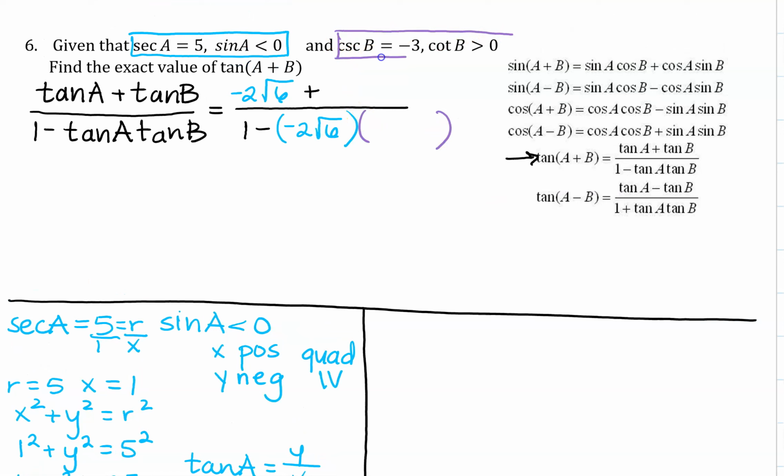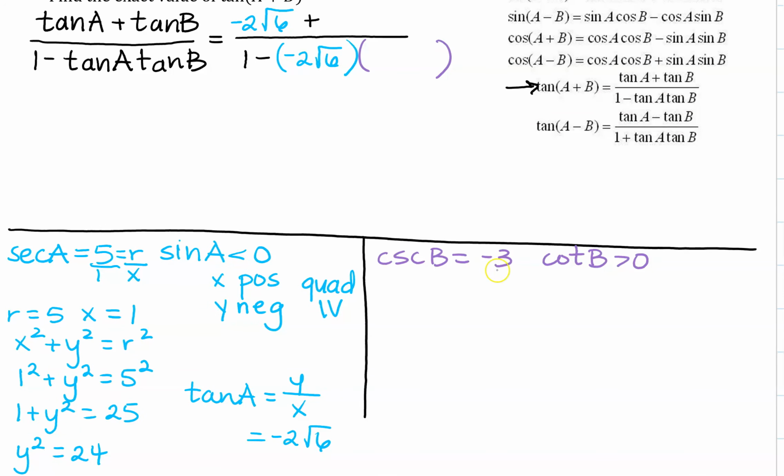which we will do by using another XYR problem on the information that we were given about capital B. So we were given that cosecant of capital B is equal to negative 3, and that cotangent of capital B is positive. If cosecant of capital B is negative, that implies that y is negative, since cosecant is the reciprocal of sine, and sine is the y-coordinate.